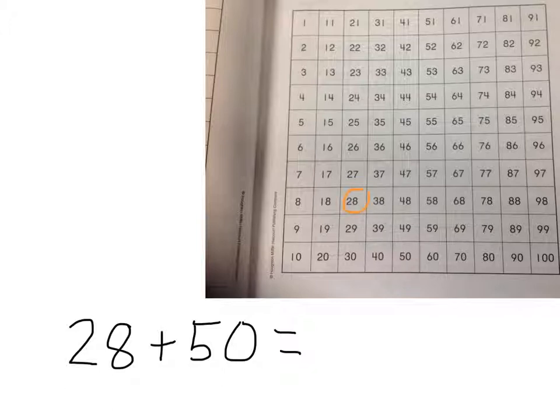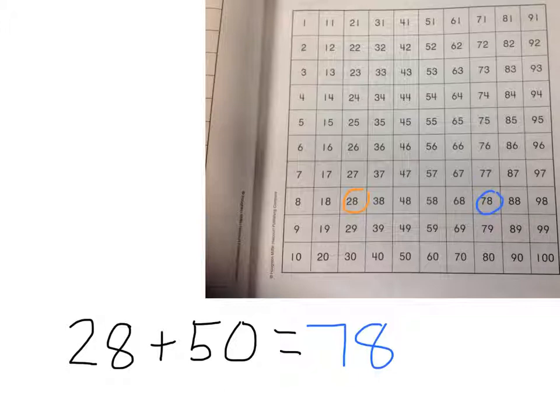How many times did you need to move? I know that 50 is 5 tens, so I'm going to move 5 times to the right, because when I move to the right, I'm adding tens on this chart. Here we go. 10, 20, 30, 40, 50. Did you say that your answer would be 78?